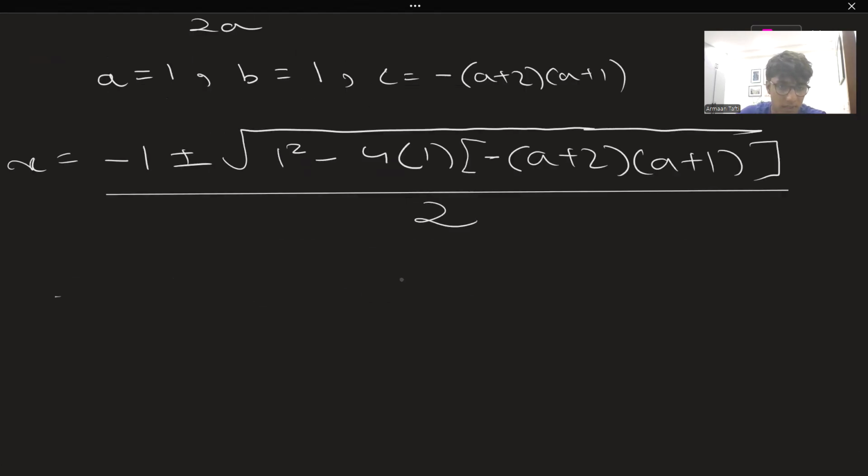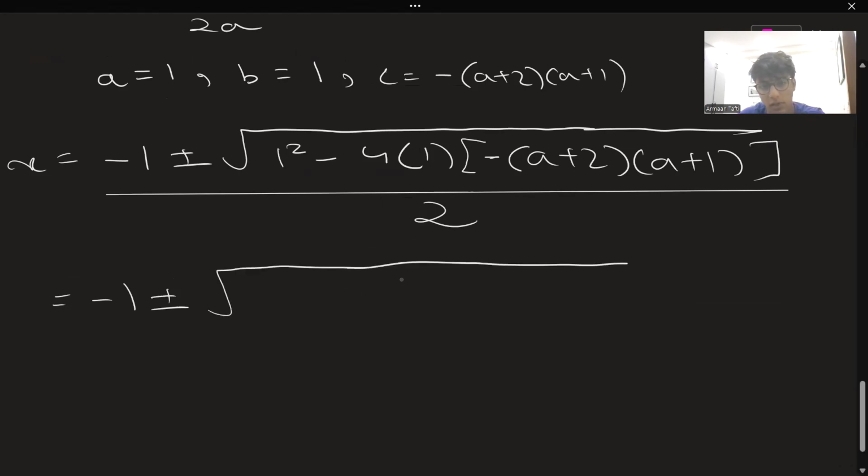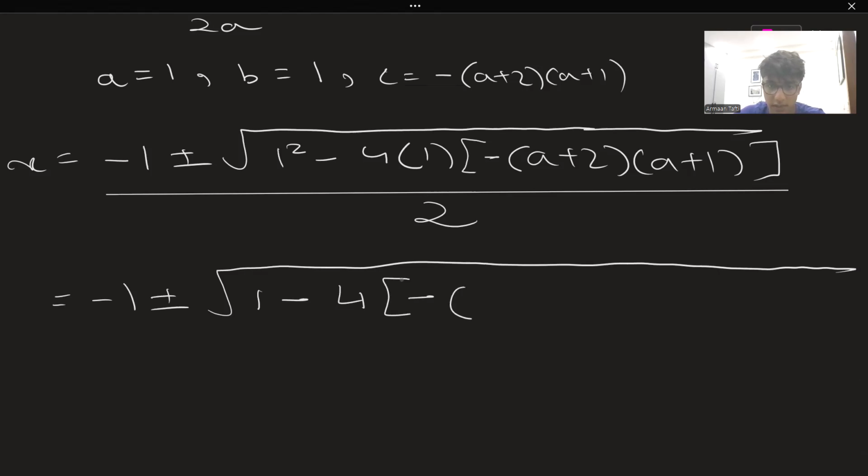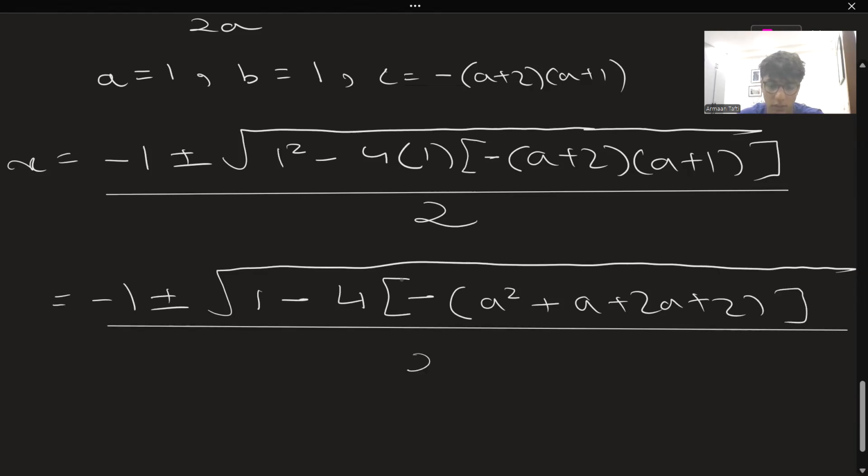And now let's simplify this. So you've got minus 1 plus minus root of 1 minus 4 times, let's just keep the minus here, a square plus a plus 2a plus 2, divided by 2.